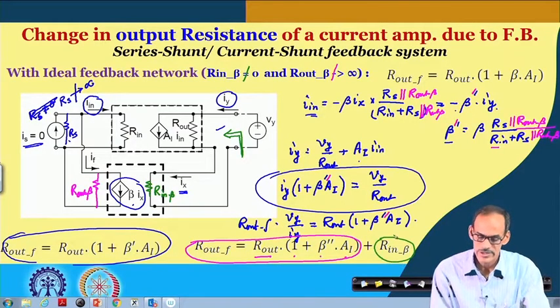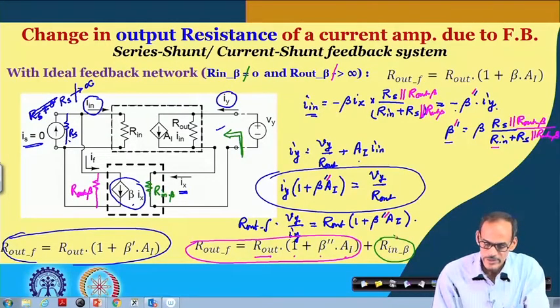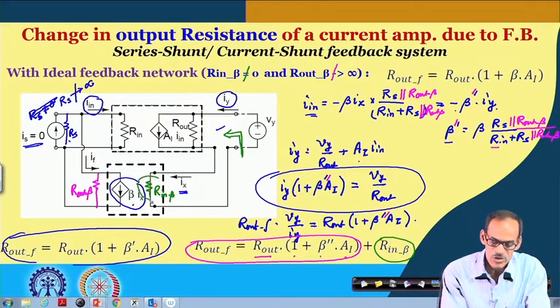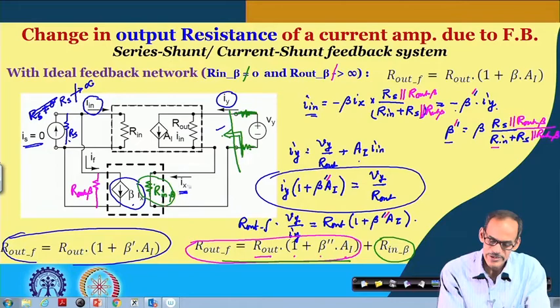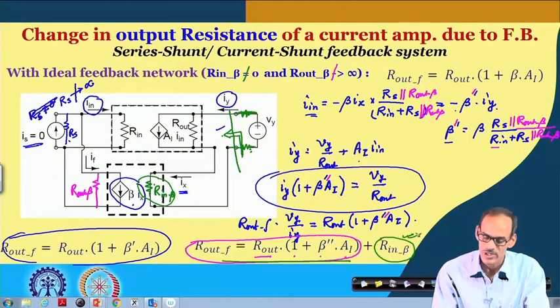So, you might have observed that the presence of this element is really not disturbing. In fact, whenever you put this resistance, we can think that we have a series resistance getting added here. So, this resistance we can shift either here or here. Up to this one, whatever the resistance you are getting is given here, and then we have this resistance coming here. That is how you can visualize.